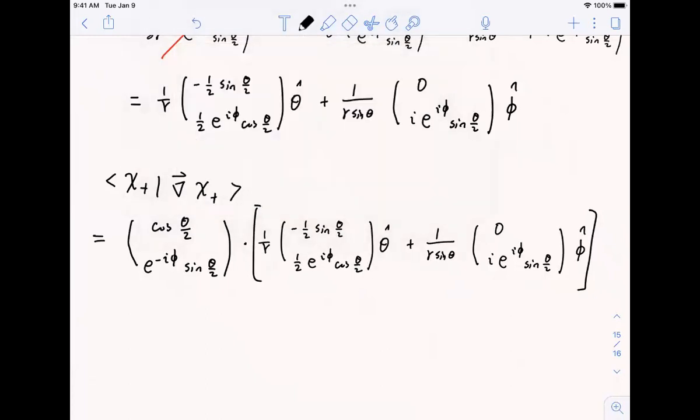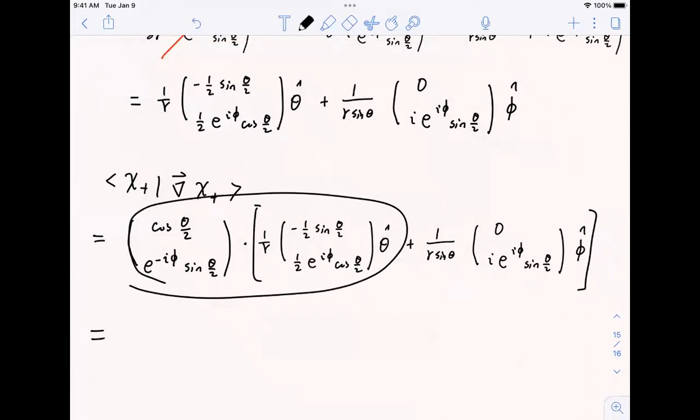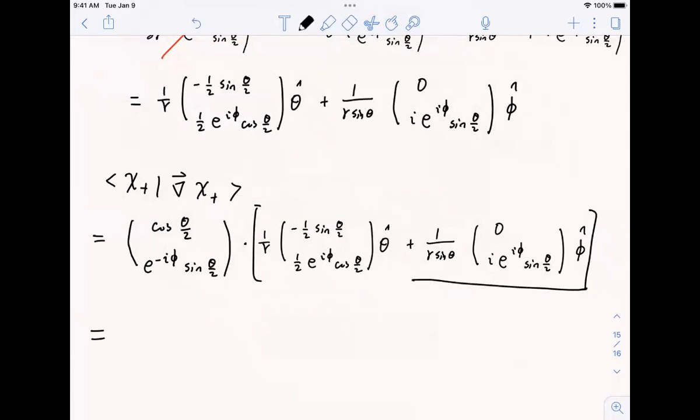Okay, so eventually, let me see, what are we gonna get? Eventually this part will get canceled out. This part will get 0. And you are only going to get this part. So eventually the answer is this is 0.